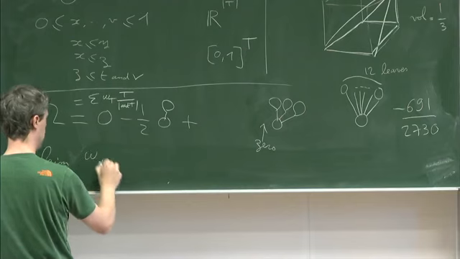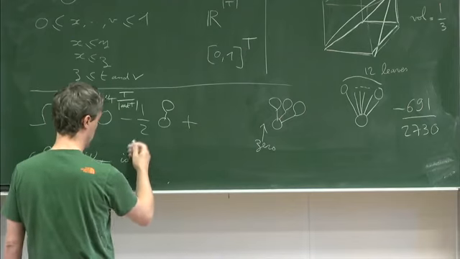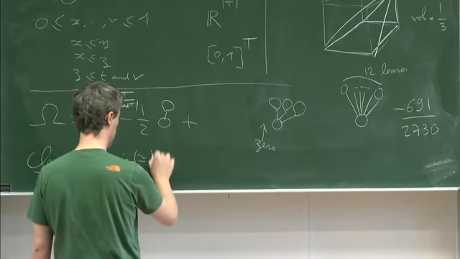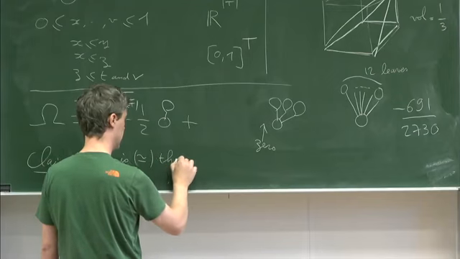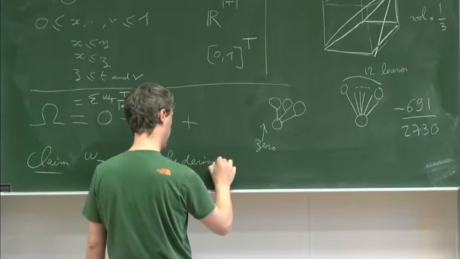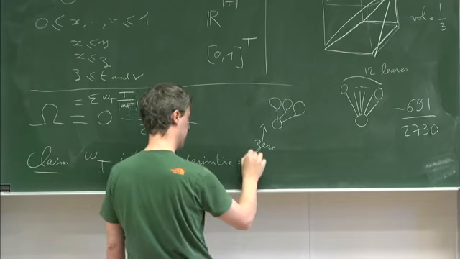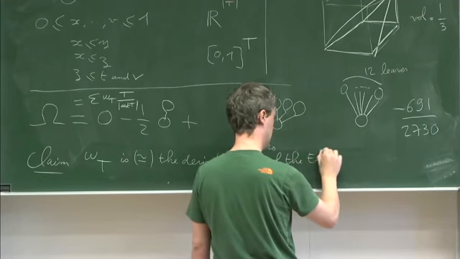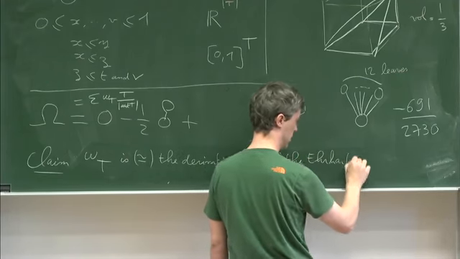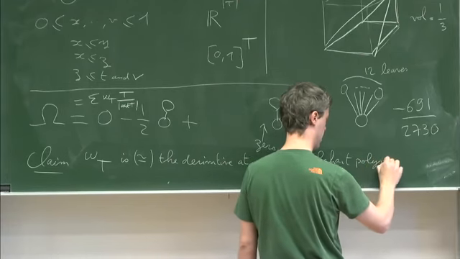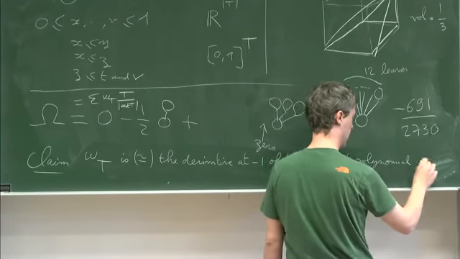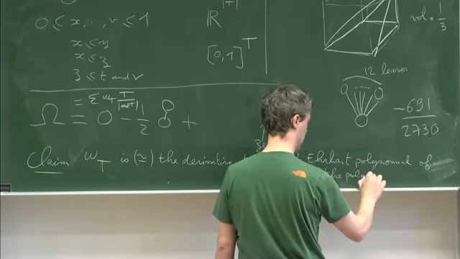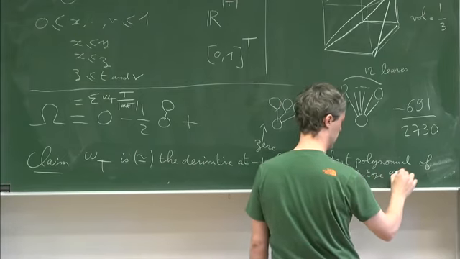Then omega t is, modulo some details, the derivative at -1 of the Ehrhart polynomial of the polytope associated with t.